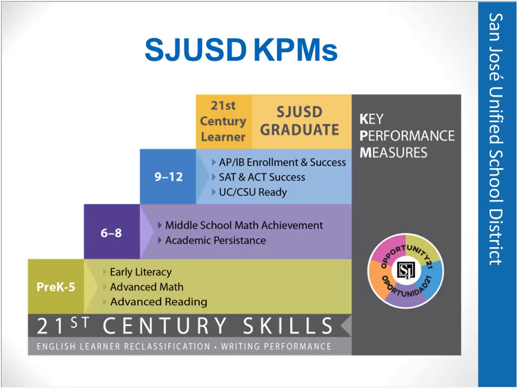But the intention is, the way to think about it is, that they're really kind of postmarks, right, along a path as a student moves through our system in their 13 years. Are they meeting the benchmarks that we've established around, be it early literacy at elementary, academic persistence, perseverance at middle school, or SAT, ACT success, or A to G eligibility at the high school level.